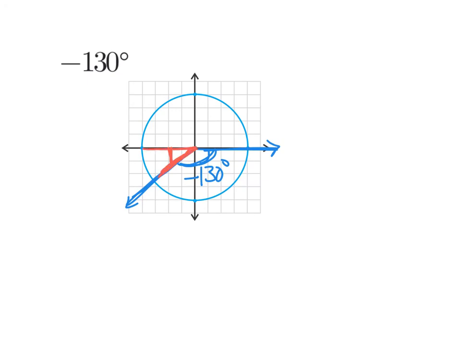Well, obviously, if we were to swing it all the way back to this negative x-axis, that would be negative 180 degrees. I've already used 130 to get back to negative 180. This would be another negative 50 in here. But just so you know, the reference angle is not negative 50. And we always refer to the reference angle as a positive acute angle. So the reference angle here would be positive 50 degrees.